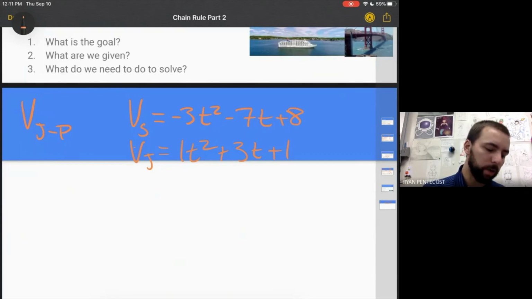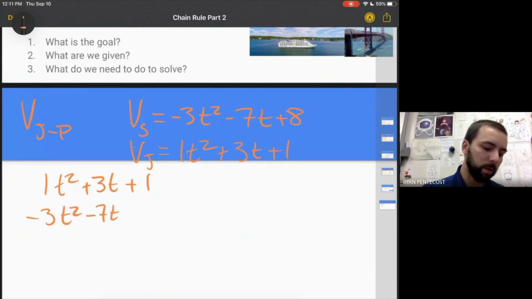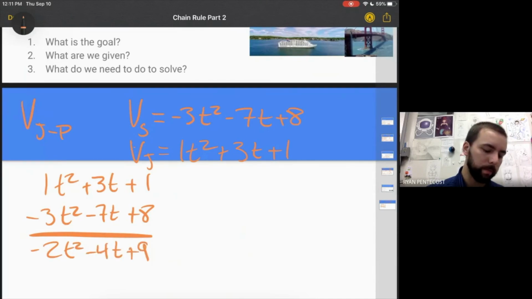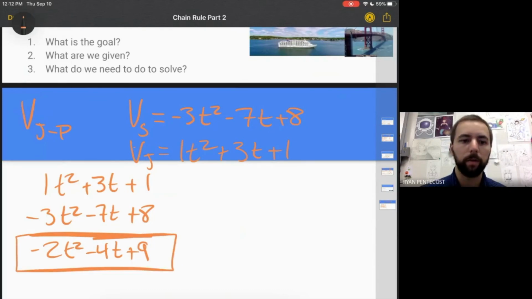So if we take Joe's 1t squared plus 3t plus 1, and combine it with minus 3t squared minus 7t plus 8, and combine your like terms, you've got negative 2t squared minus 4t plus 9. That is how you can do that problem.